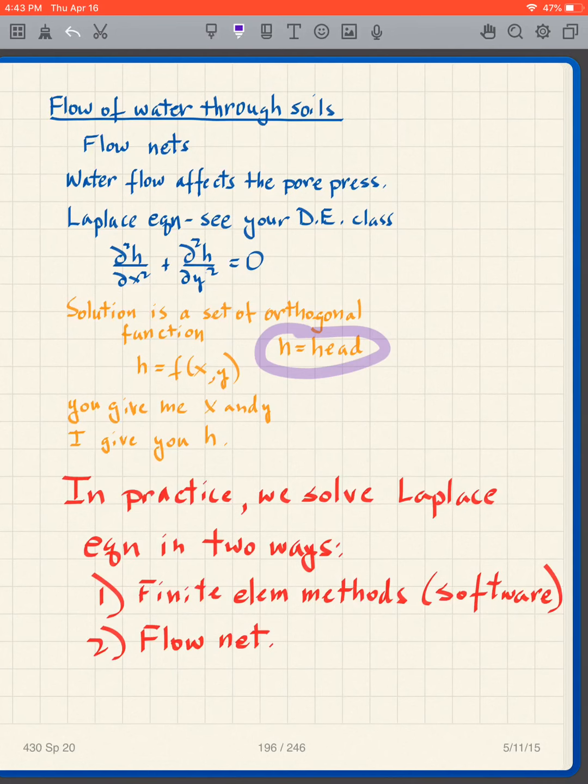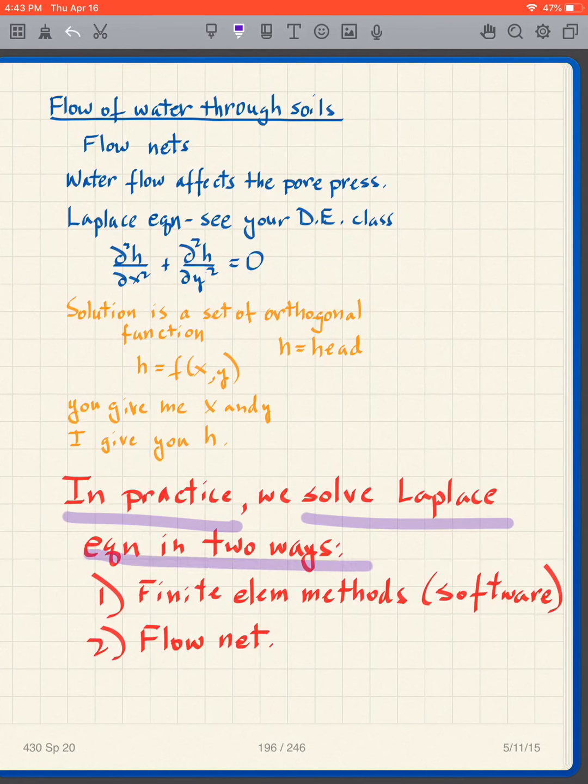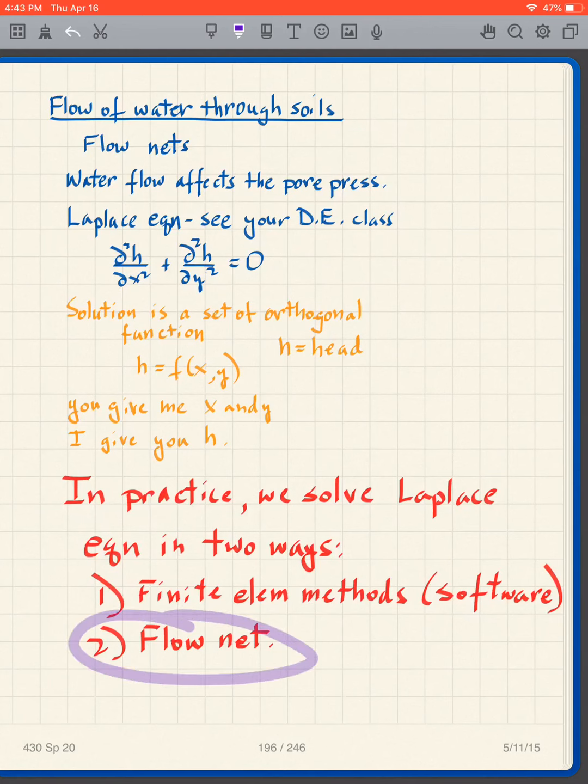From the head, we're going to get the pore pressure. So in practice, we solve this Laplace equation basically in two ways. One is a finite element method, for which you use software. And the other is a flow net. We're going to do the flow net.